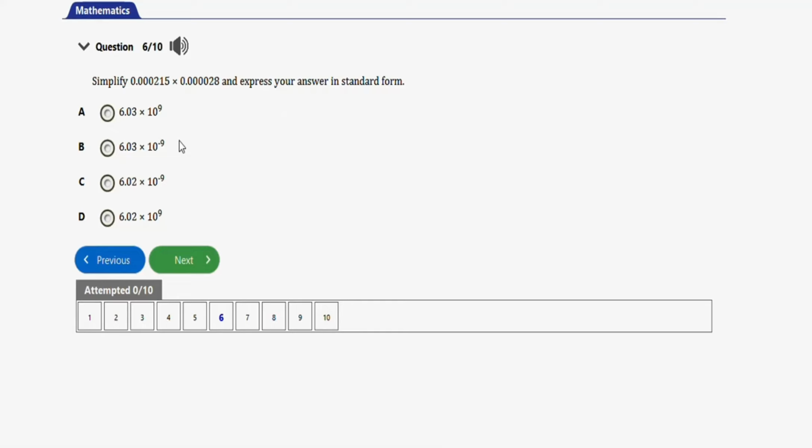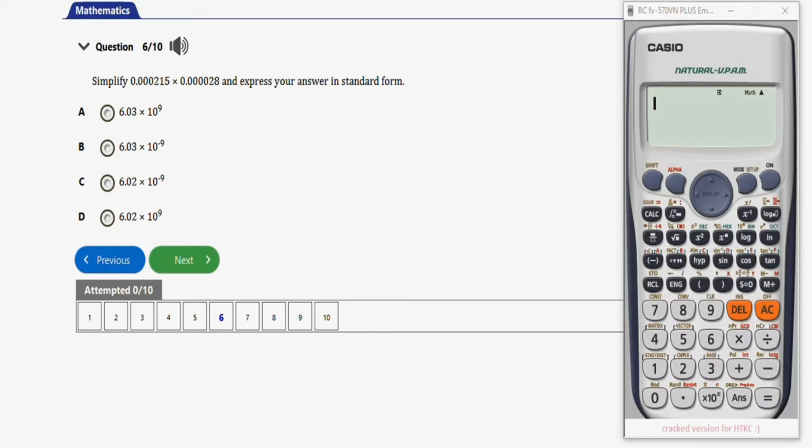Alright, so let's solve this question. Let's bring the calculator. We have to simplify and express our answer in standard form. We have 0.000215 times 0.000028.